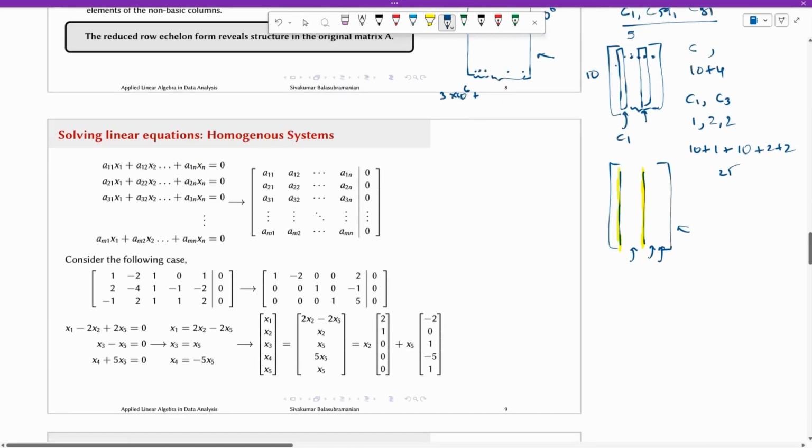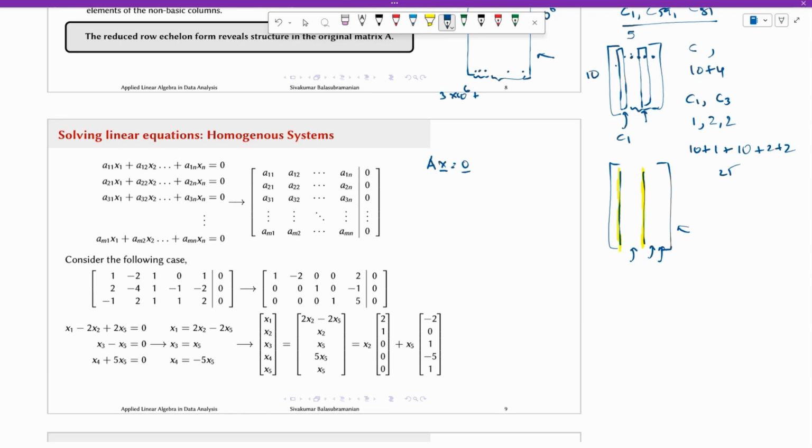Okay, now once we get into that form, the question is, how do we use it to find out if there is a unique solution, if there is no solution, or get all the infinite solutions, or at least an expression for me to generate all the possible solutions. Before we do that, we take up this problem.